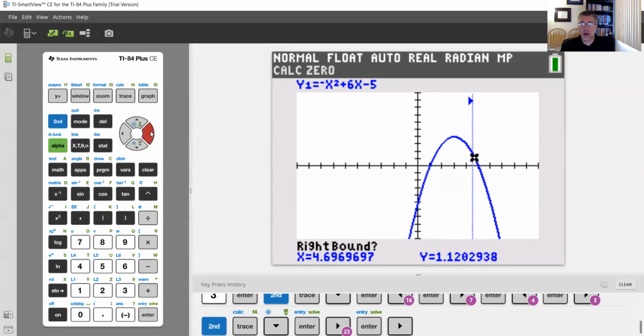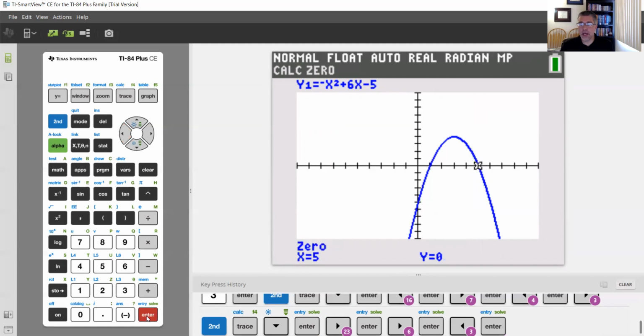And then I'm going to go to the right of the intercept and hit enter. And then I'm going to make an educated guess based on line of sight of where I think this is. I'm going to hit enter, and look at that. My next 0 was at 5. So this helps me get the x-intercepts there. The first x-intercept was at 1, 0, and the second x-intercept was at 5, 0.